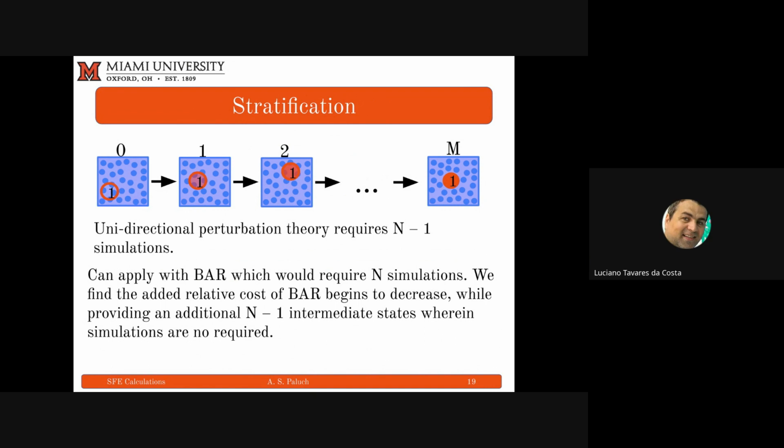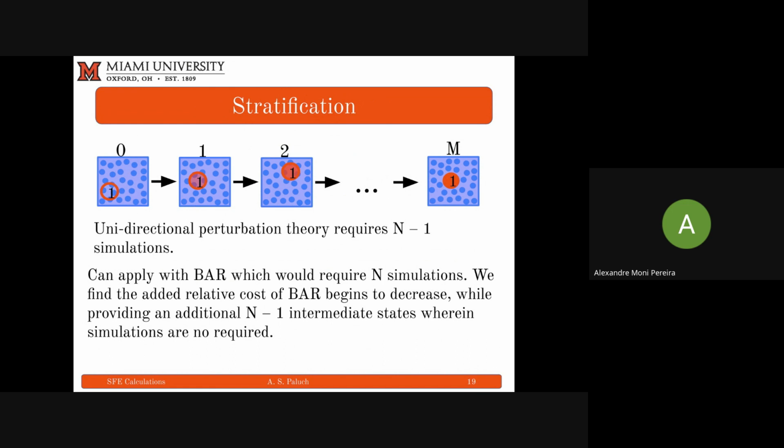Excuse me, a little question about the Lennard-Jones potential. You said that when you start to turn on the Lennard-Jones, you carve a cavity for the solute.